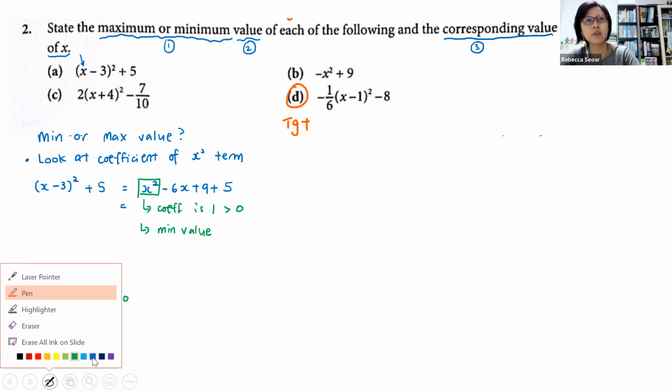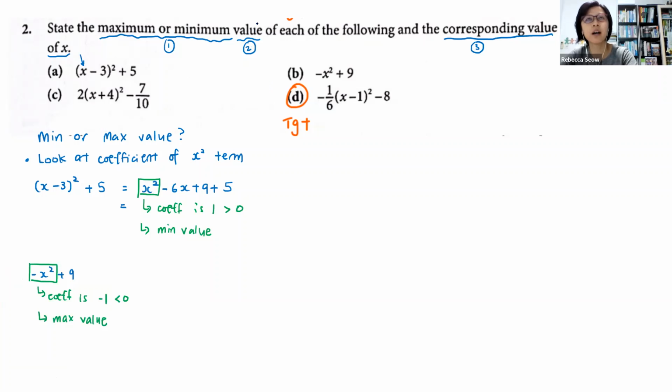Now, let's move on to how to find the value of the minimum or the maximum point. To find the minimum or the maximum point, perhaps let's take a look at one of the examples then. Okay, that might be easier when we assign values to it.